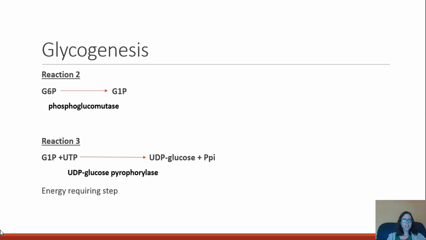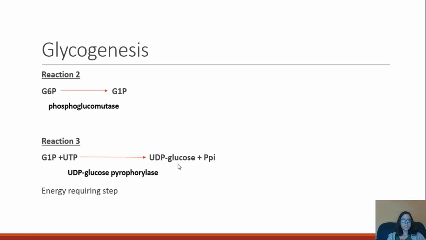So our next reaction is the conversion of G6P to G1P via the enzyme phosphoglucomutase. So we're really just moving the phosphorus from one carbon to another on the glucose molecule. And then reaction 3 is our energy requiring step, where G1P in the presence of UTP is converted to inorganic phosphate, and then the addition of the UDP onto glucose.